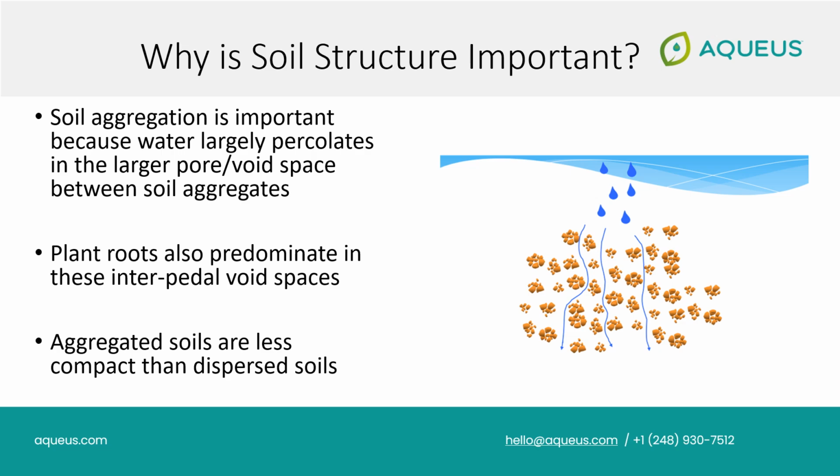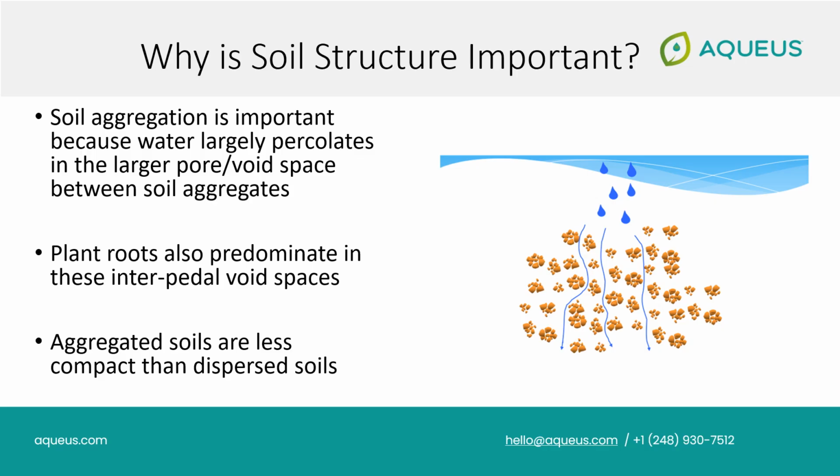But if that clay aggregates up so that there's void space between the various aggregates of clay, then we have soil structure, and we get drainage and we get air movement. The plant roots, likewise, need air to grow, and they're going to dominate in the spaces between the clods or the aggregates.